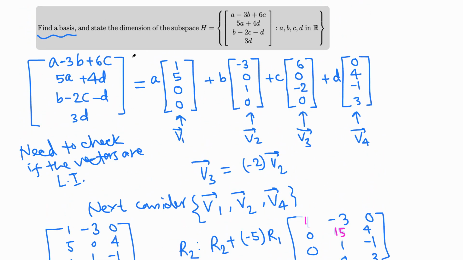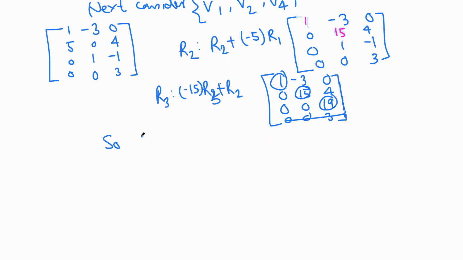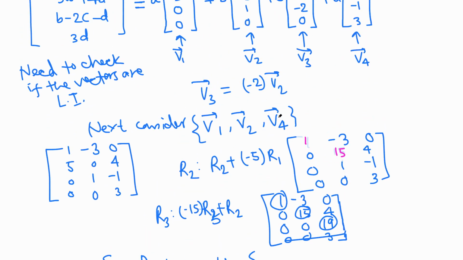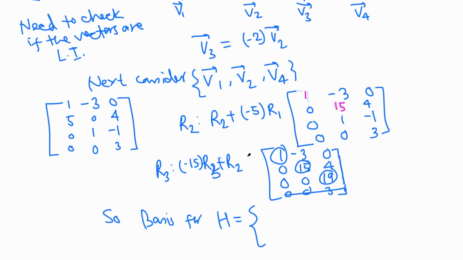That means, what is the basis for this subspace H? The basis for H is just the collection of v1, v2 and v4, or we could have written v1, v3, v4. That would work as well.